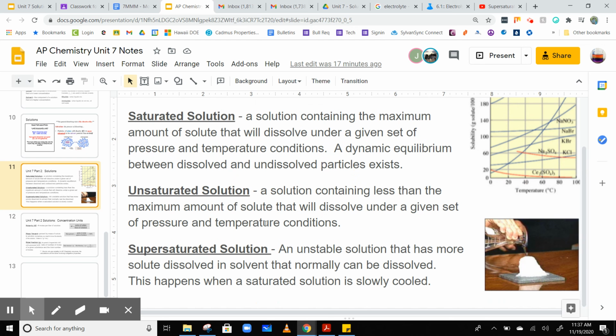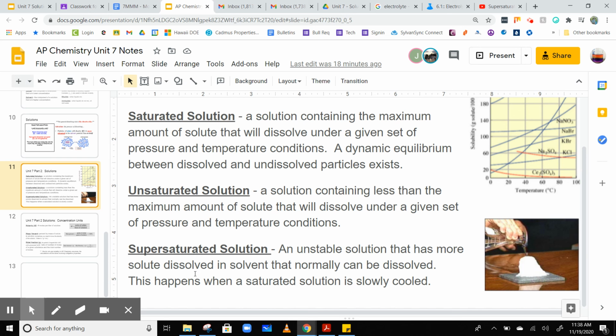Well, what would happen is the potassium nitrate would stay suspended in the solution. So there would actually be more potassium nitrate in the solution than we would predict in a saturated solution. So we call it supersaturated. So it's above the saturation point.